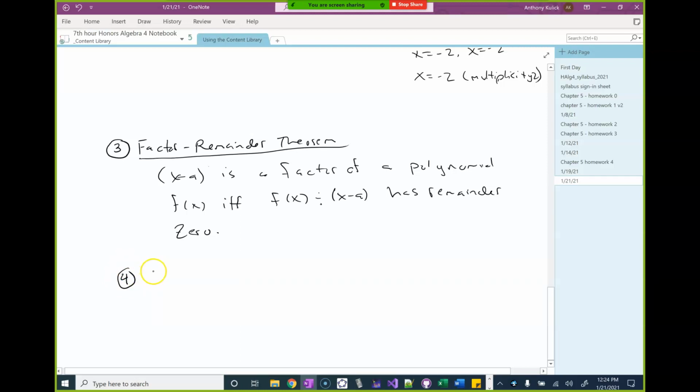One more tool we have before we make a summary and see what we can do with this stuff. The last theorem that we're going to talk about today is called the rational roots theorem.